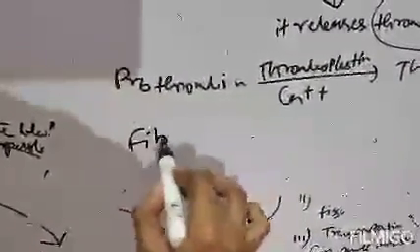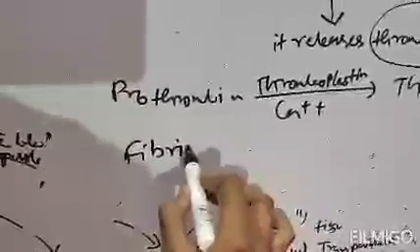It is the metal. So prothrombin converts into thrombin. Next, this thrombin now releases fibrinogen.